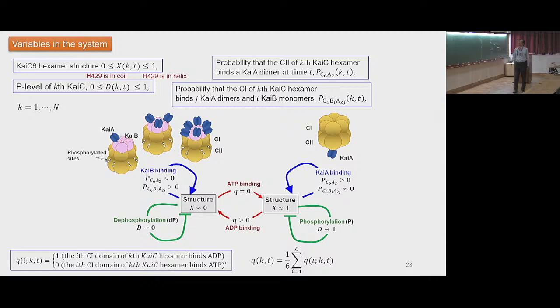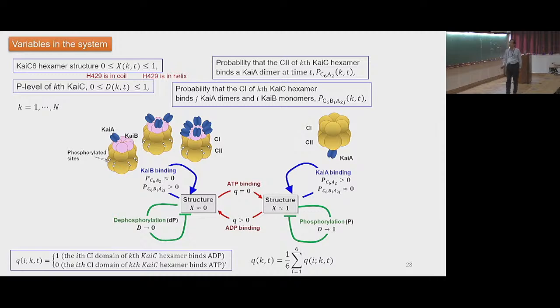PC6A2 is the probability that the kth KaiC hexamer binds a KaiA dimer on the C2 side. And this variable, PC6BIJ, describes the probability that the kth KaiC hexamer binds I KaiB monomers and J KaiA dimers on the C1 side.